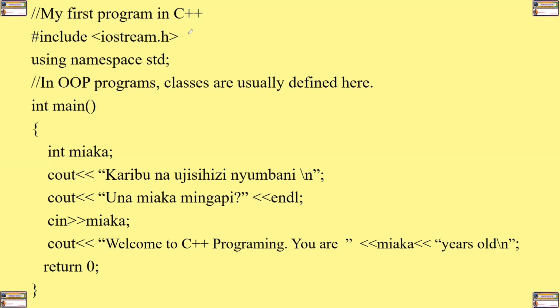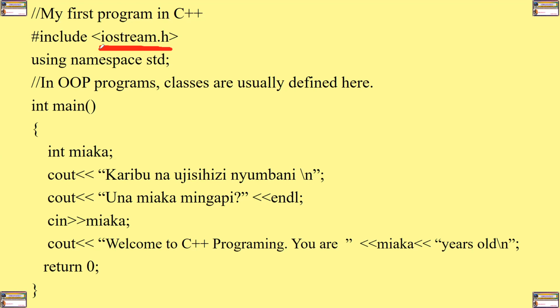Then I have said that this other statement is what we call a preprocessor directive. Preprocessor directives are always indicated with a pound sign, then include, and then the header file that contains the definitions of functions that you are going to be using within your program.